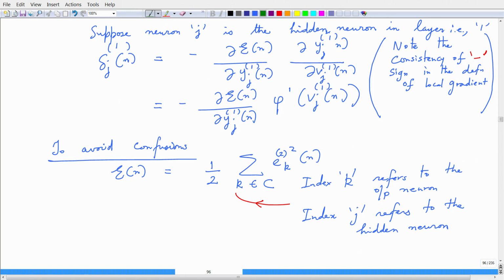Doing the straightforward math computing the terms in the partial derivatives, we get this equation. And just note the consistency of the negative sign throughout the process.